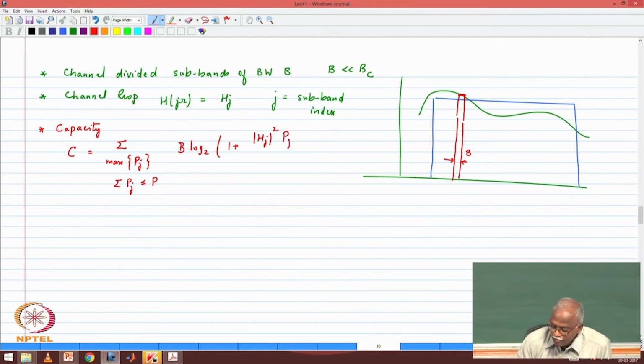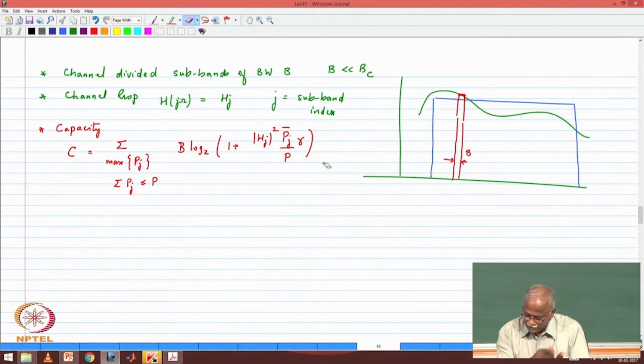I'm going to modify it by Pj divided by P, that's the scale factor that we are going to apply, and basically the signal to noise ratio or gamma after that. Mod hk is already indicating that. Okay, gamma is fine.